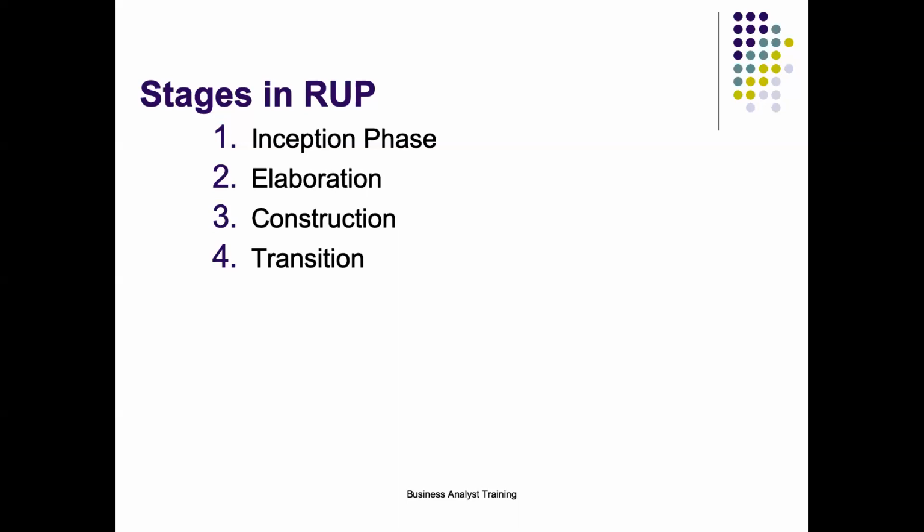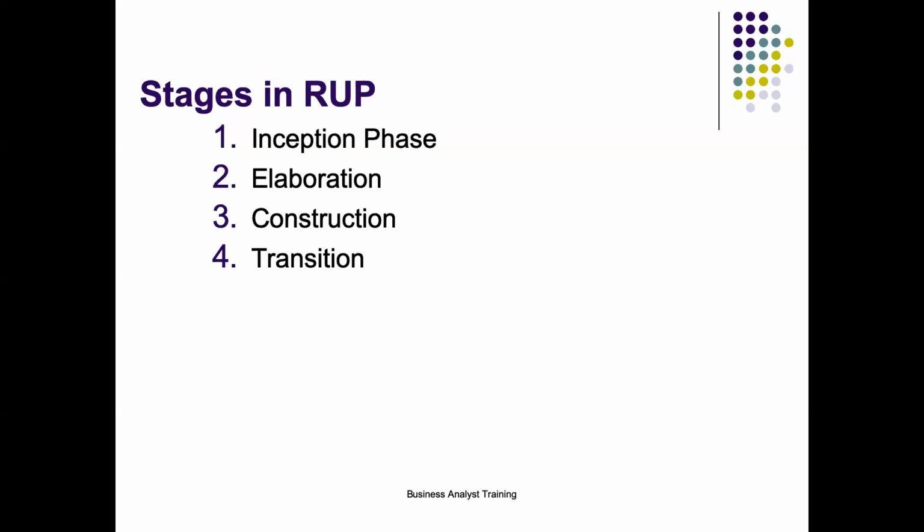All those things happen in the elaboration phase, as the name suggests. And then project risks are evaluated. Many other things happen, but your main work as a business analyst is elaborating and documenting the requirements in this phase.